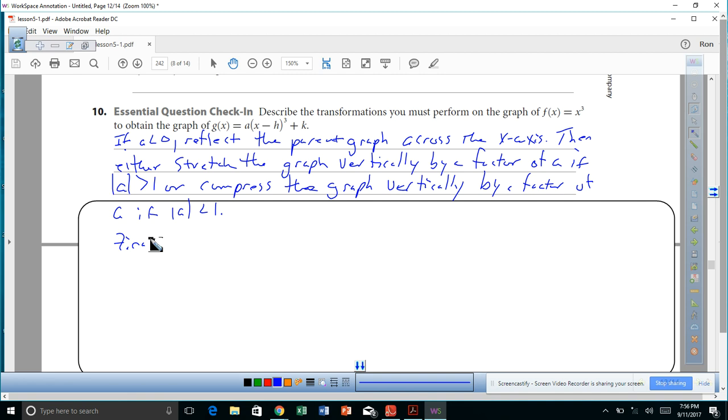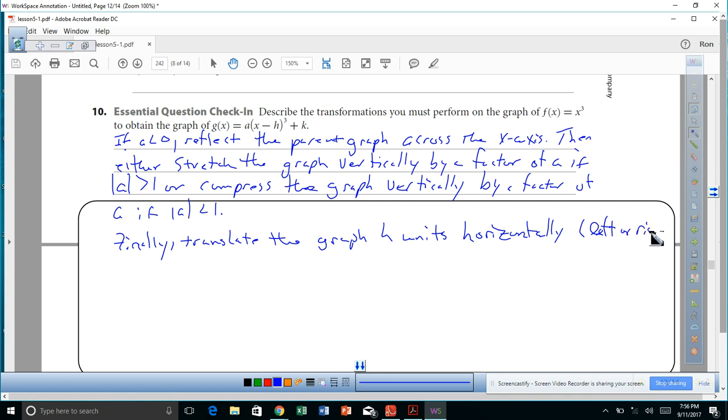Finally, translate the graph h units horizontally, and that could be left or right.